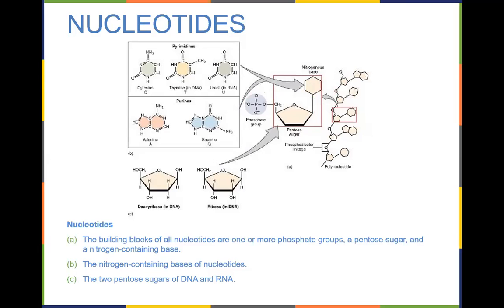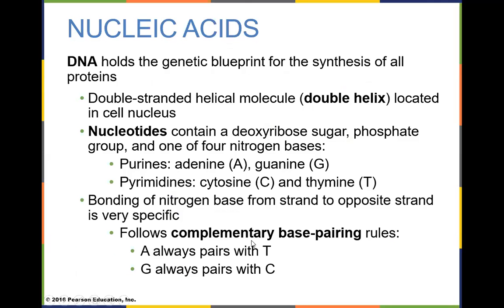They're both 5-carbon or pentose sugars. Now, let's take a closer look here. Nucleic acids hold all of our genetic information. The DNA, in particular, is the blueprint. It's the cookbook for us. All of our genetic information is contained within our DNA.